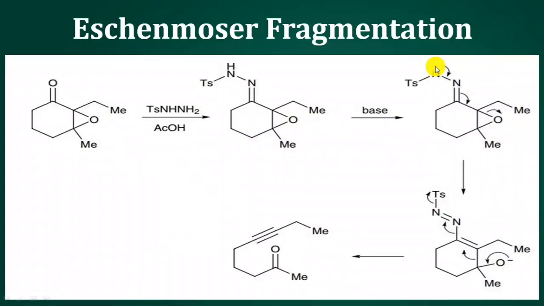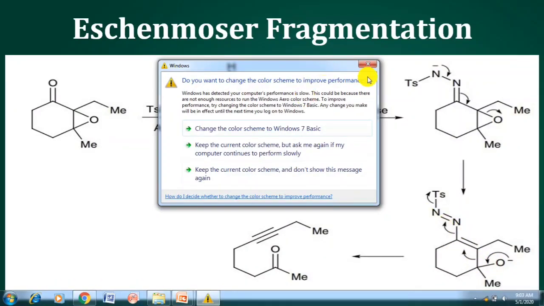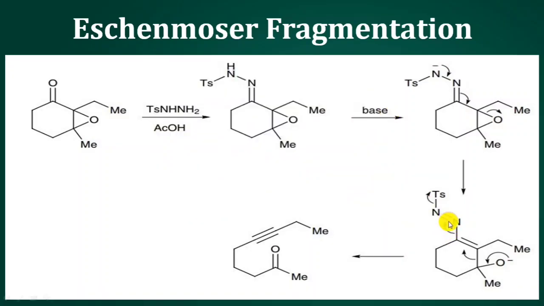Now the interesting point is that here this negative charge on nitrogen shifts here, this double bond shifts here, and this epoxide ring opening reaction takes place like this. Look at this structure. Now here this negative charge shifts here, this bond shifts here, and it forms a triple bond. This bond breaks, and an N2 molecule is lost from this molecule, and tosyl is also a good leaving group, so it gives such type of product where formation of a triple bond is there.